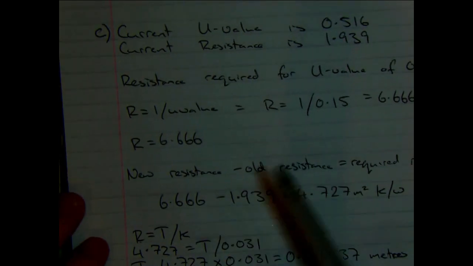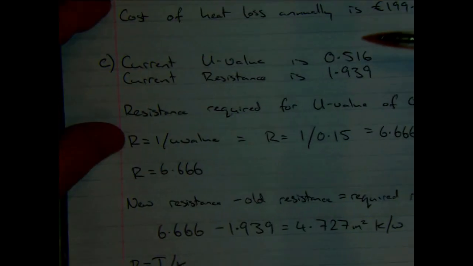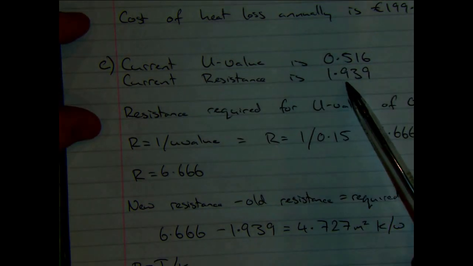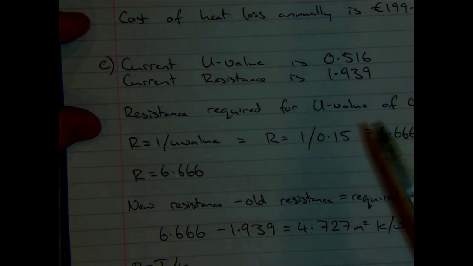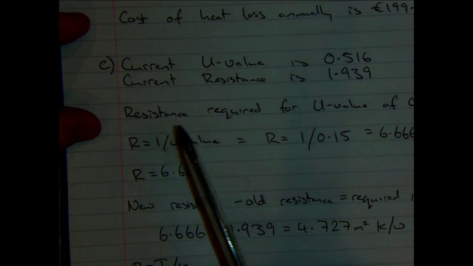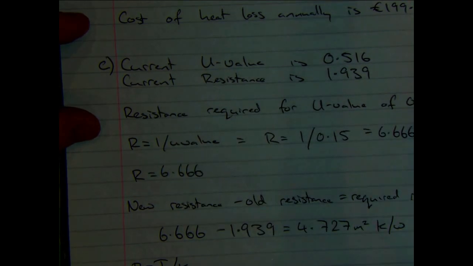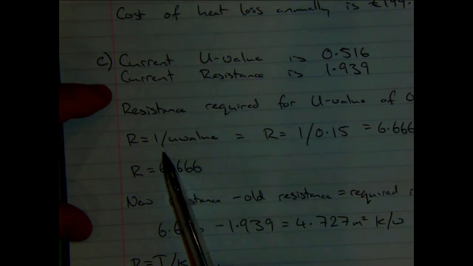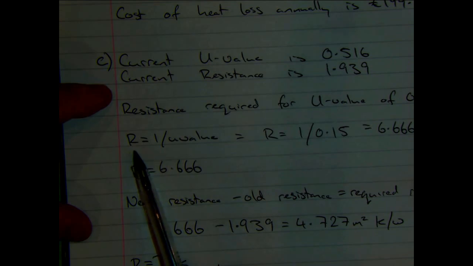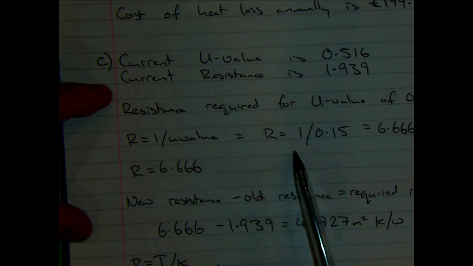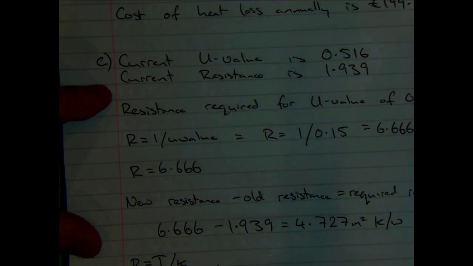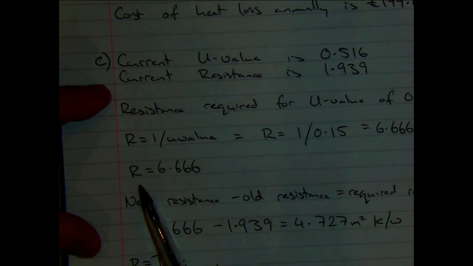Apologies. The first thing we need is the resistance that we currently have. Our current resistance is 1.939, and then we need the resistance that is required for a U value of 0.15. To get that, we use our U value formula: R equals 1 over the U value. So R equals 1 over 0.15, which gives us 6.666.